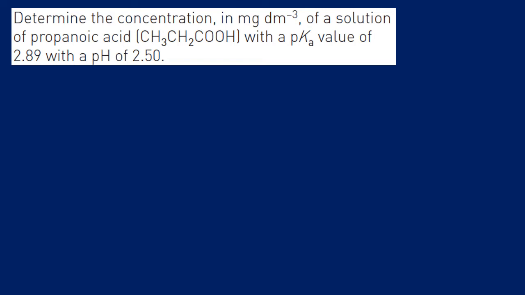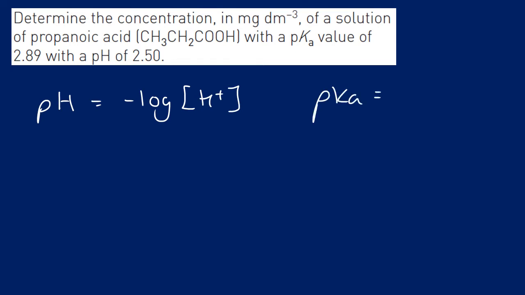Right, pKa. The relationship between pH and H plus is minus log H plus. It's the same for pKa: pKa is the minus log of Ka. The reason for this is that Ka values tend to be very small numbers, and a logarithmic scale is a good way of making very big or very small numbers more manageable.